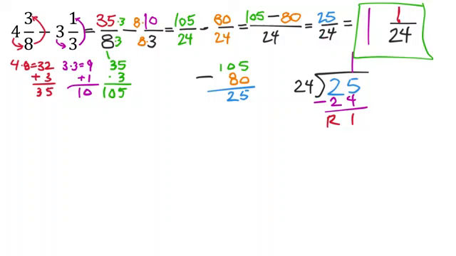Sometimes you'll use this method and you do need to simplify the improper fraction, but like we see in this one, sometimes you won't, which is actually one of the reasons why I like this method of forcing the denominators to be the same, because there's always a possibility that you may not need to simplify in the end, and you would see as well if you made a list of multiples of 8 and 3 that 24 was the lowest common multiple of the two. So and again, I almost feel like I've hit the jackpot when I've done that, but it won't always come out that way. So do be careful.